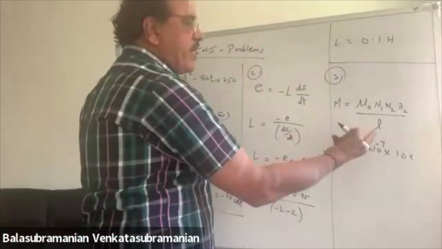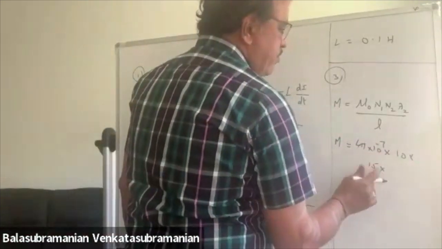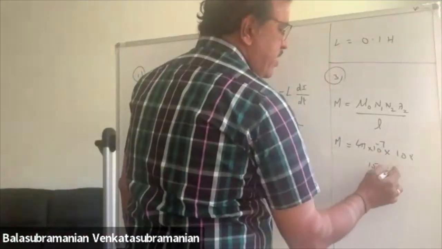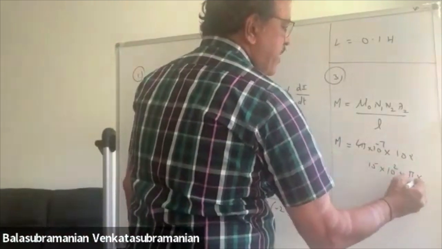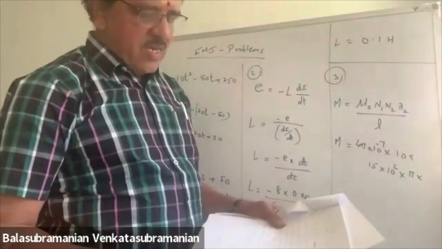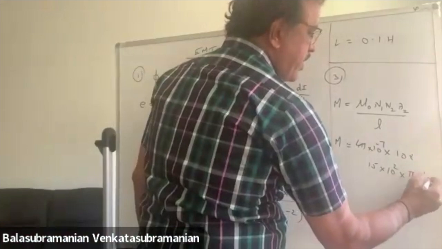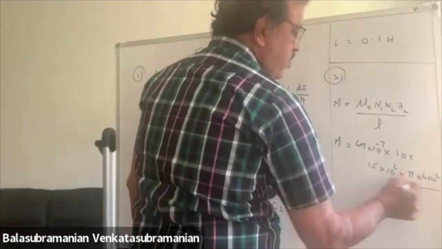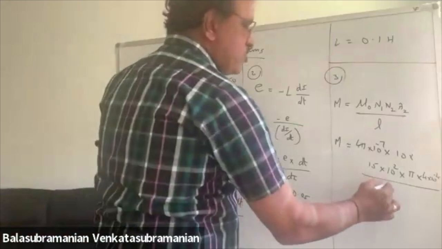So 15 into 10 power minus 2 in the denominator becomes 10 power plus 2 in the numerator, into pi r square. Cross-sectional area is 4 centimeters square, so 4 into 10 power minus 4. Length is not given, not given means 1.